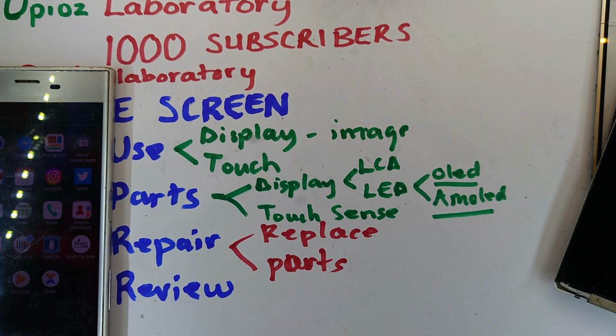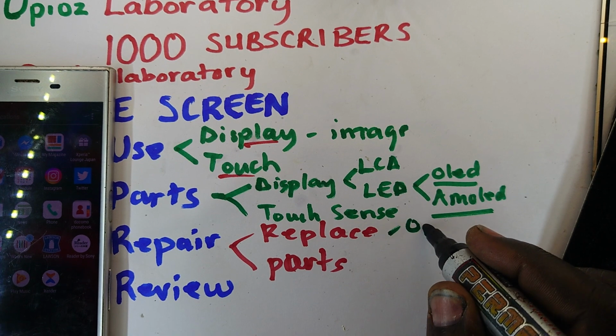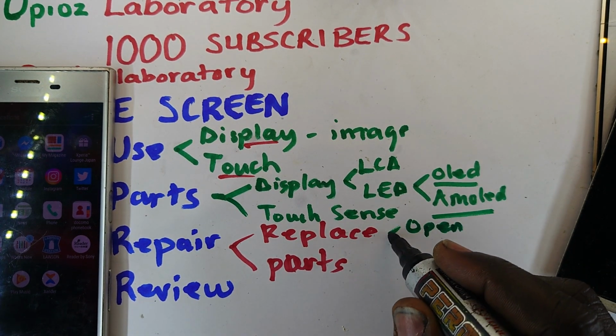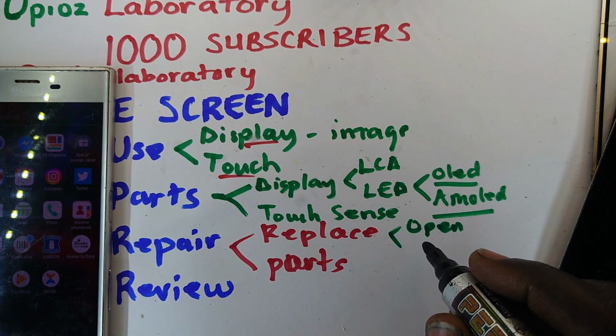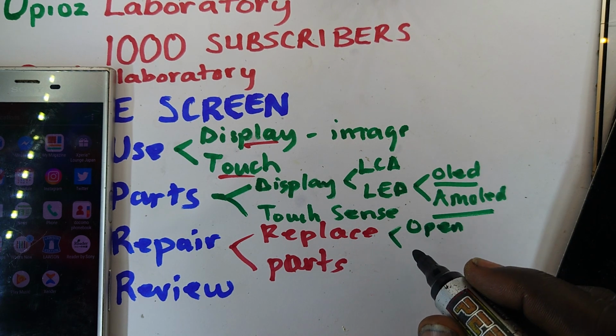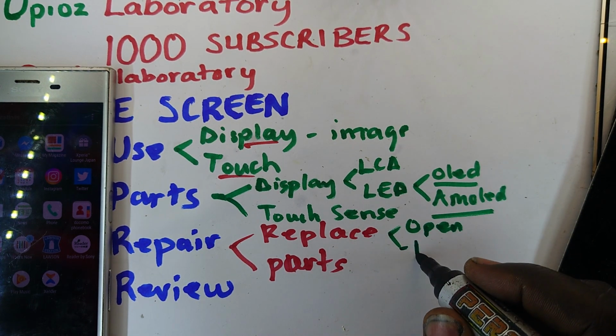Remember, we say the screen is both the display and the touch. Now, in replacing the display, all you need to know is how to open the device, and then also be able to know why it's a lost cause, why you are choosing to replace.